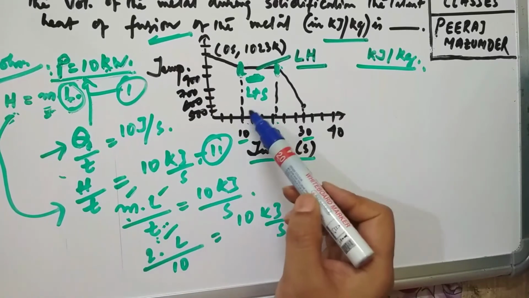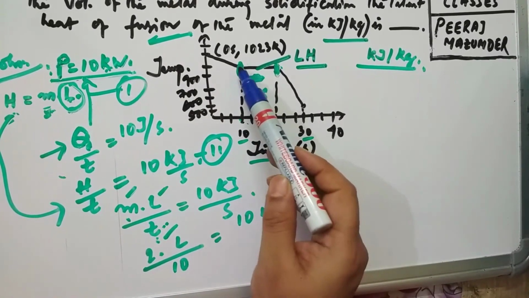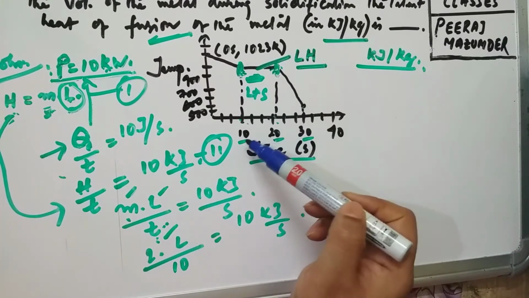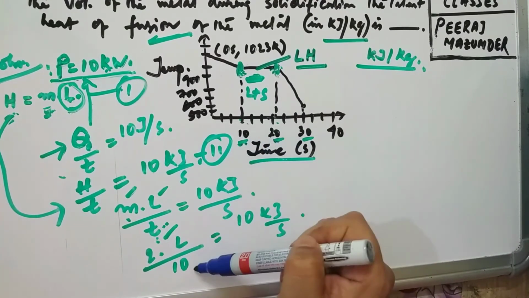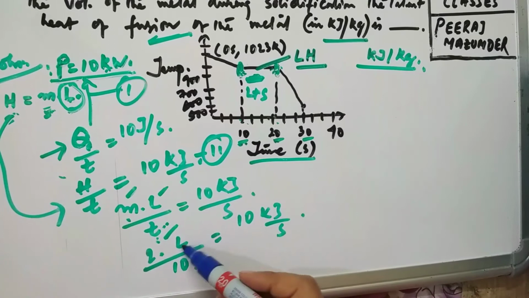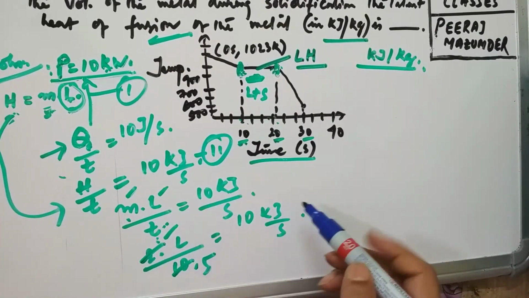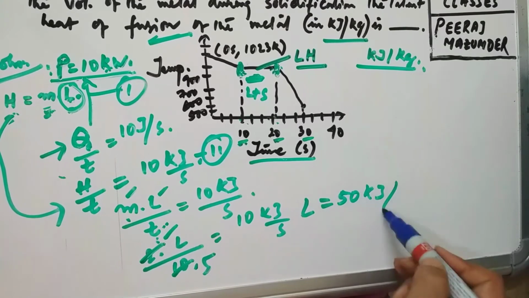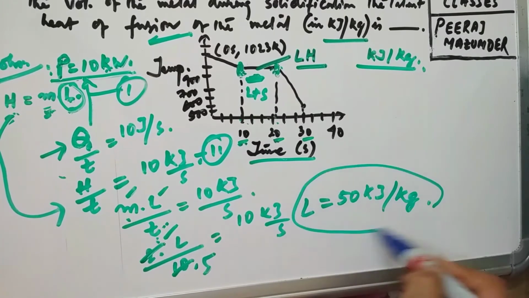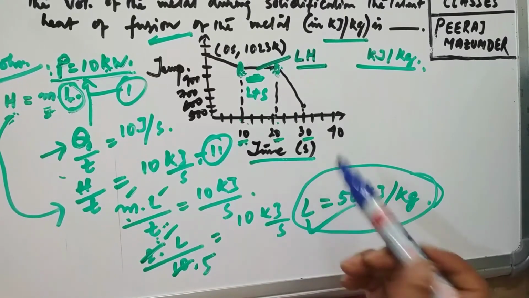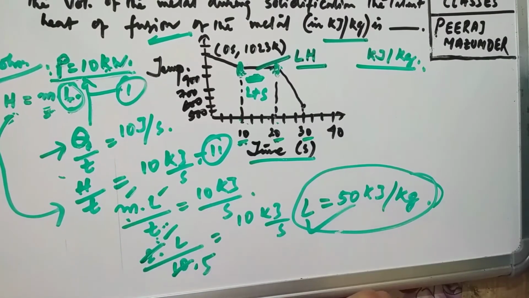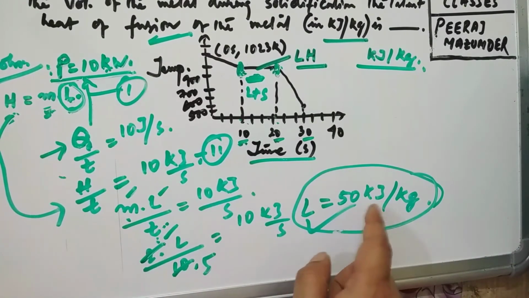For T you have to consider this region, which gives 20 and 10, the difference is 10, so I am writing 10. So it will be 5 and L will be 50 kilojoule per kg. That much latent heat of fusion of the metal is required during solidification. So that is the answer, 50 kilojoule per kg.